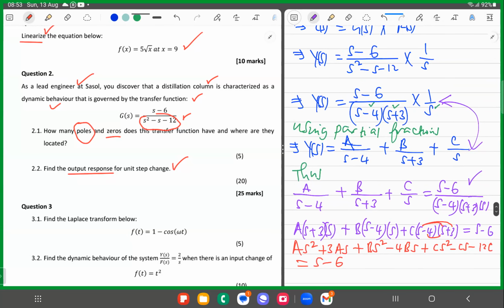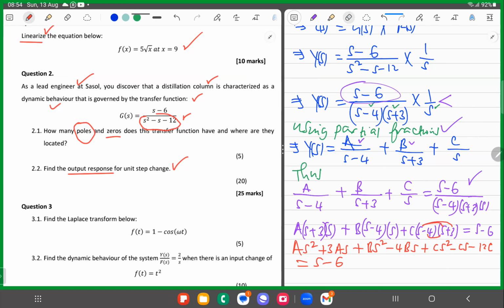From here, where you wrote using partial fractions, you wrote the A, B, and C. What happened to the S minus 6, the one that was in the numerator? We always leave it out, but it's going to be taken care of by the values of A, B, and C. It's going to be compensated, so the A, B, and C will contain it.